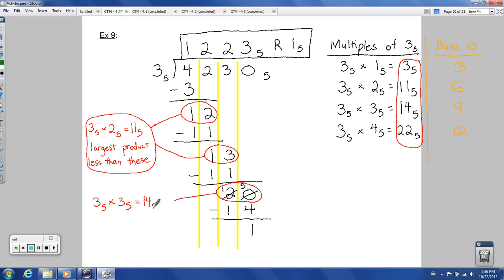This one was the largest product less than this one. If this would have been something less than 14 base 5, less than 14 here, then I would have done the 2 instead of the 3 like I did there. Or even less. If it was less than 11, then I would have done the next step lower.